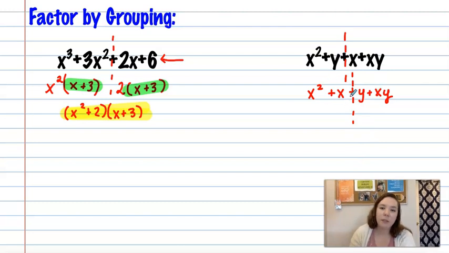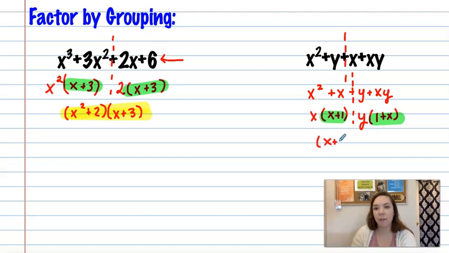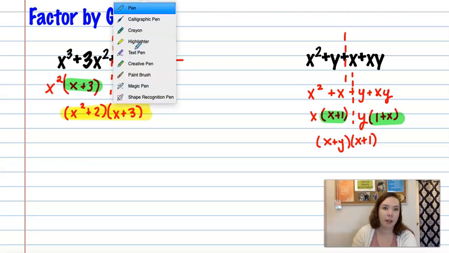My greatest common factor for this first set would be x, and that'll give me x plus 1. And my greatest common factor for my second set would be y, which would give me 1 plus x. But luckily, since addition is commutative, x plus 1 and 1 plus x are really the same thing. So for this one, I would have x plus y times x plus 1 for my final answer.